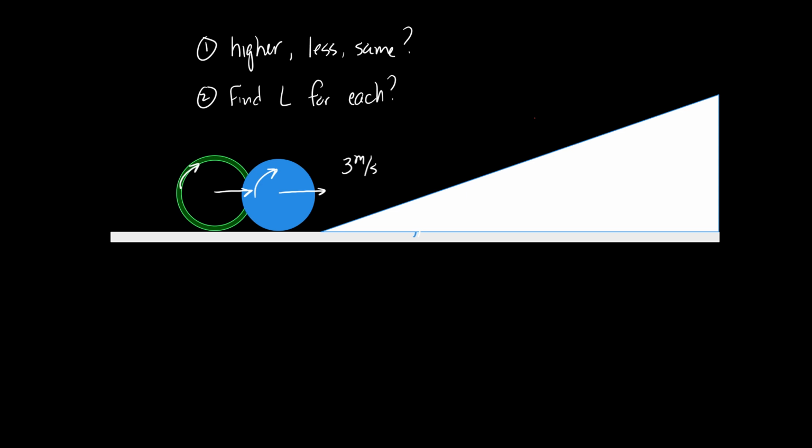But think about how this situation is different than what we just did. So again, it's less for both. And although they get to the same height, they're going to be less than they were the last time. But they'll both go to the same height because in this case, the rotational inertia doesn't really make any impact.